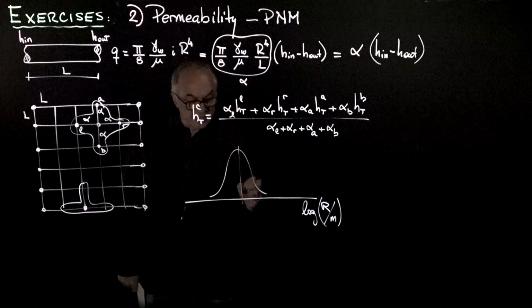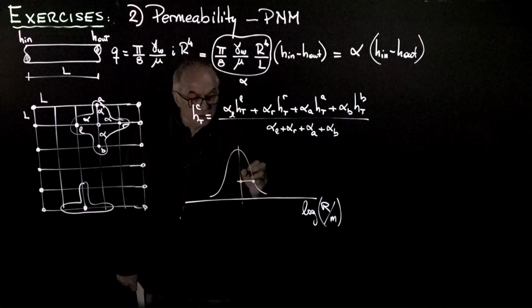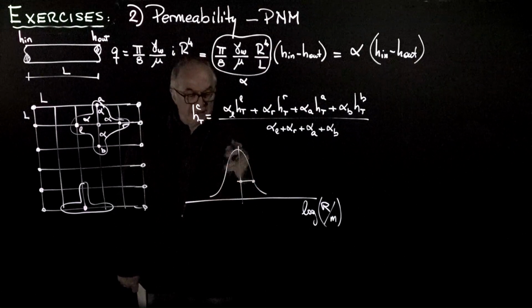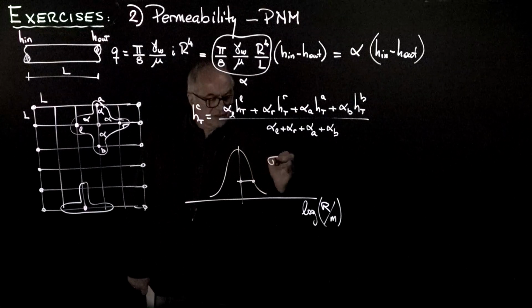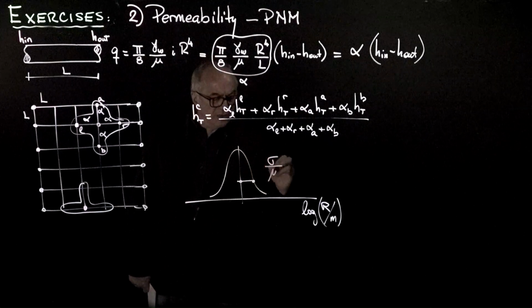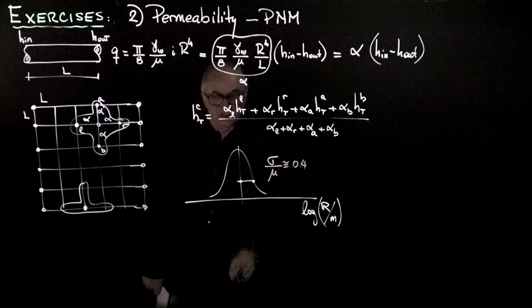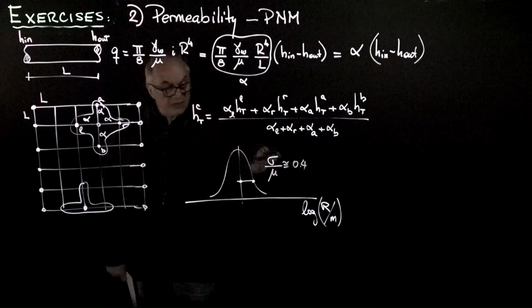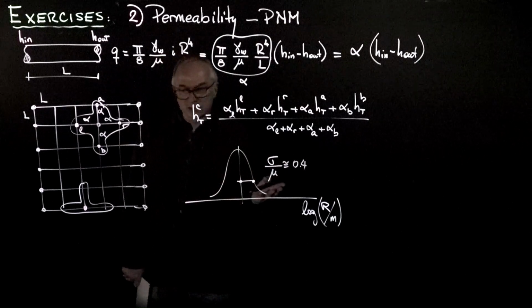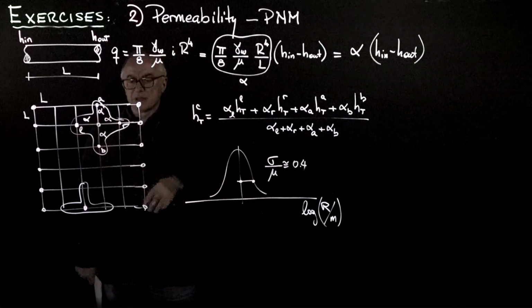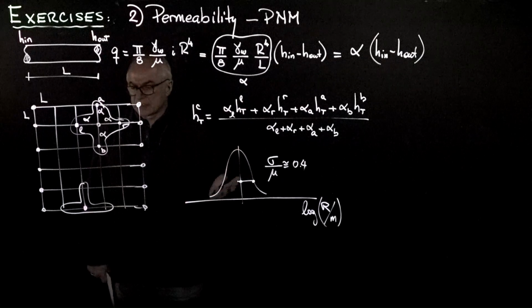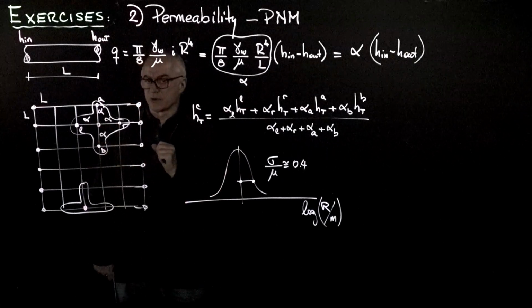And by the way, the inflection point divided by the mean, which gives you sigma over the mean, which is the coefficient of variation, tends to be in the order of 0.4 for most soils. So now you can play with that. You can create a log normal distribution, replace the tubes randomly oriented with log normal distribution, and recompute the flows.